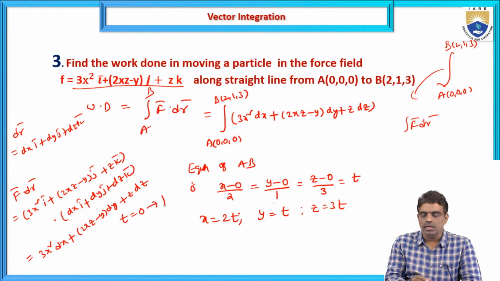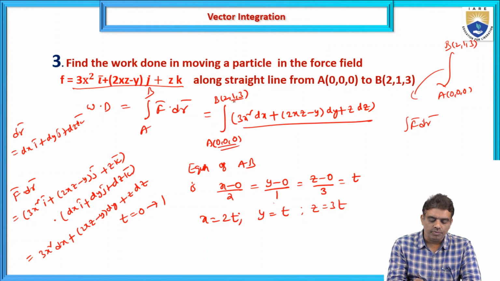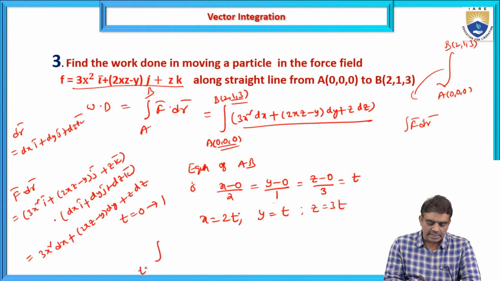I am changing all the terms x, y, z in terms of t, and the limits also to a single variable, t from 0 to 1. When x is 0, t is 0. When x is equal to 2, t is equal to 1. Am I right? When y is equal to 0, t is 0. When y is equal to 1, t is equal to 1.